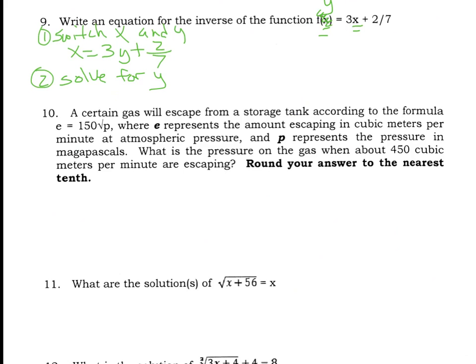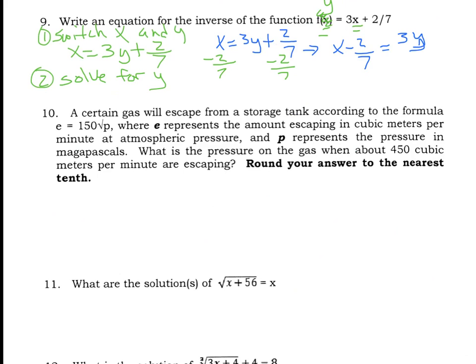So again, we've got x equals 3y plus 2/7. And to get y by itself, I am going to subtract 2/7 from both sides. And so right now, I will have x minus 2/7 equals 3y. And then at this point, y is almost by itself.